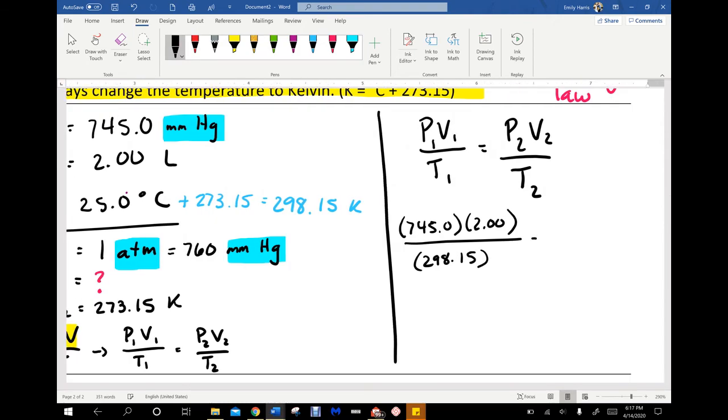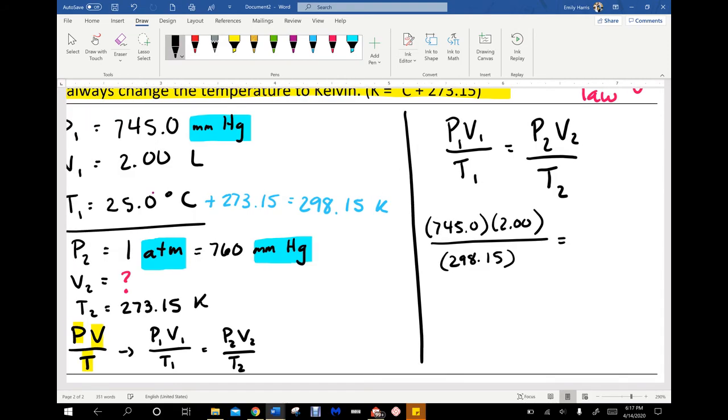Then we'll plug in our second values after the change, 760 millimeters of mercury. Our second volume is what we're solving for. Then our second temperature is 273.15 Kelvin.